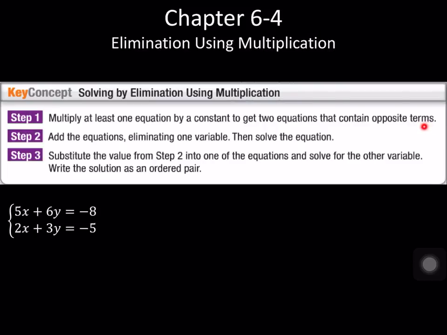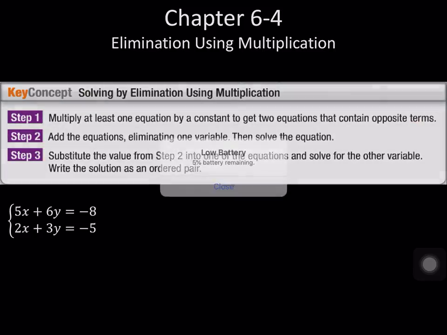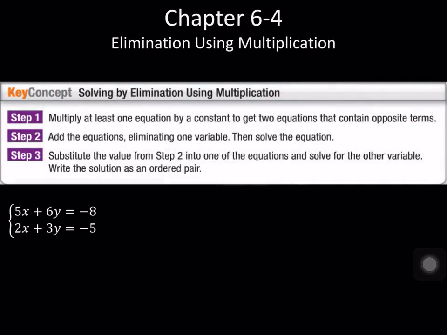Remember, we're trying to cancel out an x or a y, and to do that we need it to have the same coefficient but with opposite signs, one positive, one negative, so that when we add them together, that variable disappears. Then we'll add the equations, eliminate the variable, and solve what's left. And then step three is, let's go find that other variable.